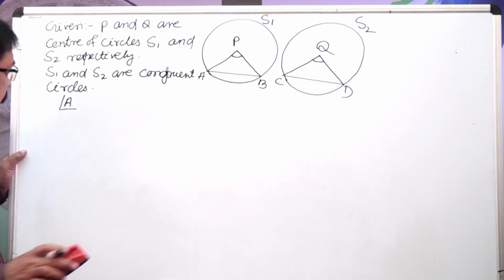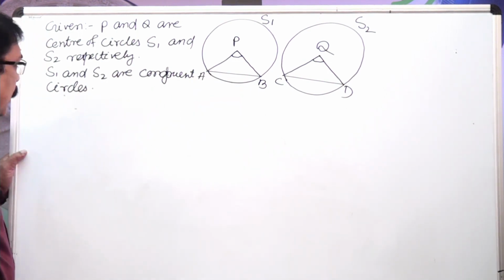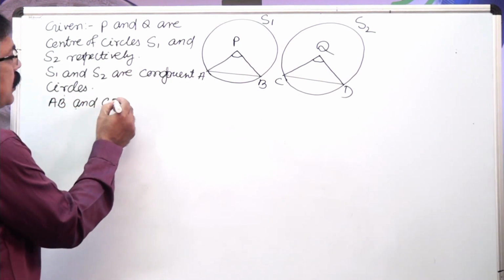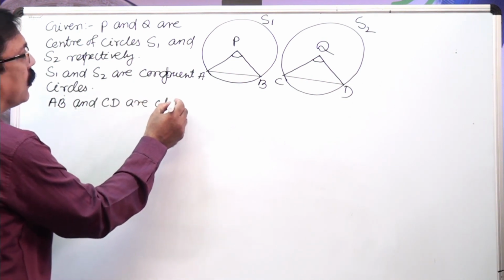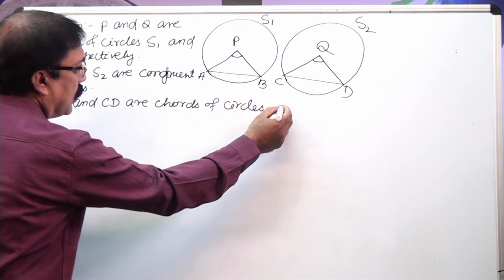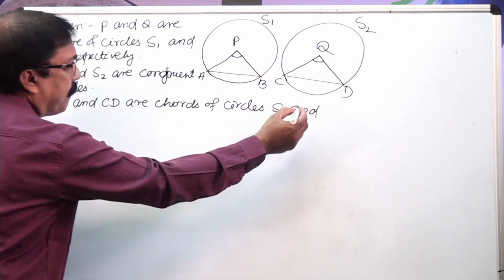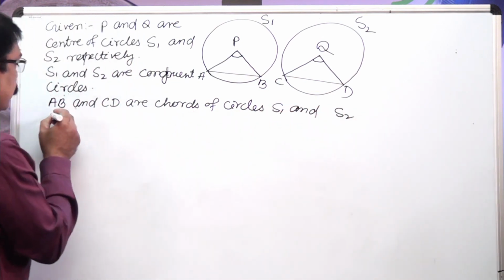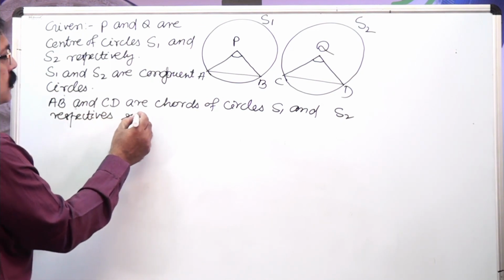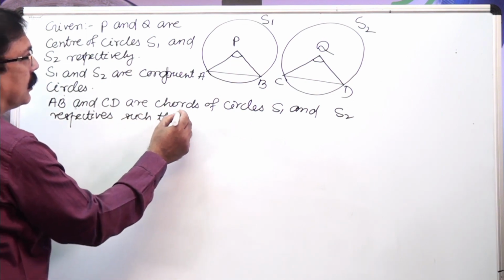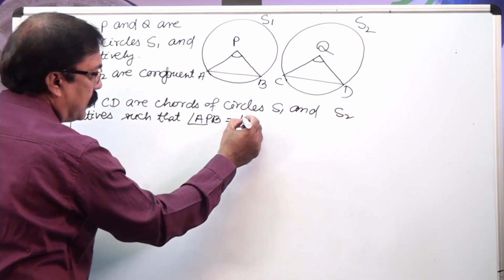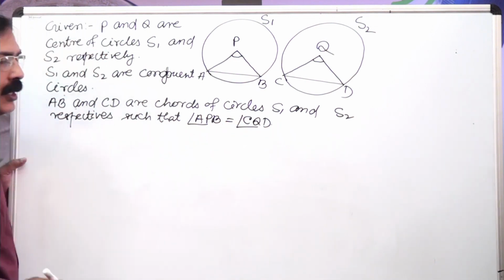So we have to write AB and CD are chords of circles S1 and S2 respectively, such that angle APB is equal to angle CQD.